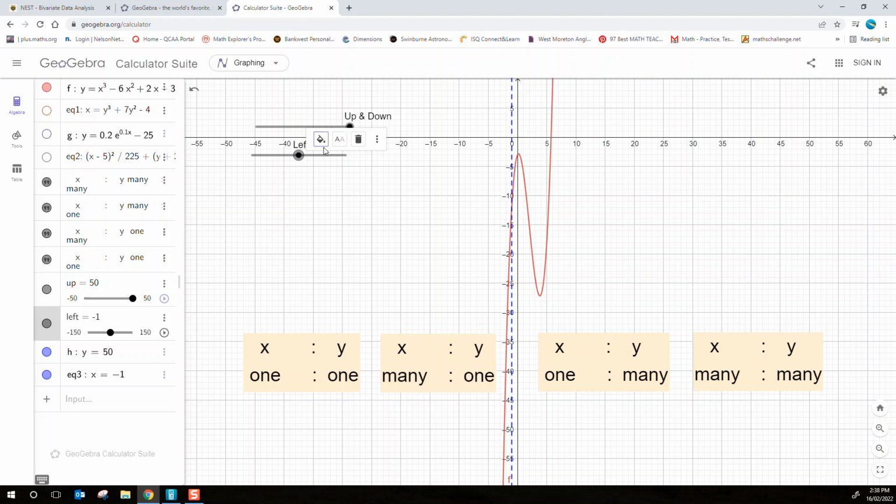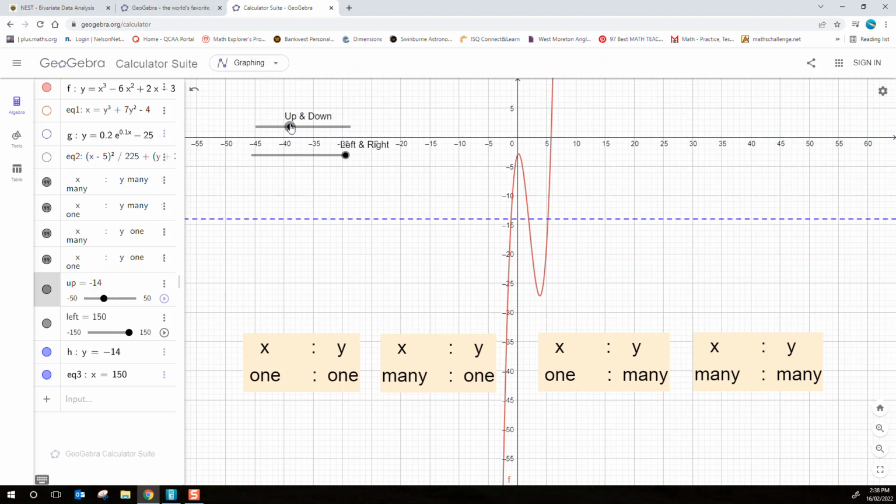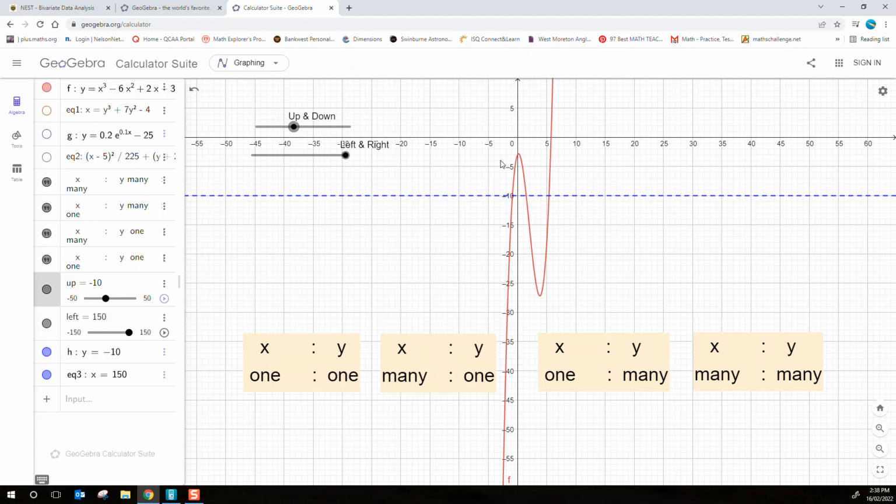Now let's see if we can show what we mean by that. Let's bring this one back. So there is an x value there at about -1 that corresponds to a y value of -10. There's another x value there at about 1.5 that corresponds to the same y value of -10.